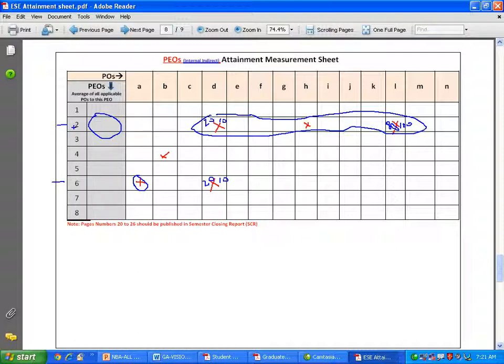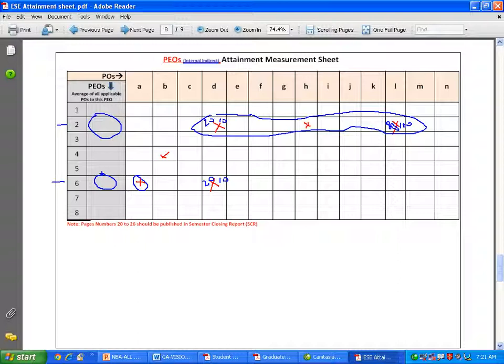Similarly I do it. So through my course, I measure course outcomes, all course outcomes. Then through course outcome to program outcome mapping, I indirectly say how I am contributing to program outcomes. Program outcomes are linked with the program educational objectives.